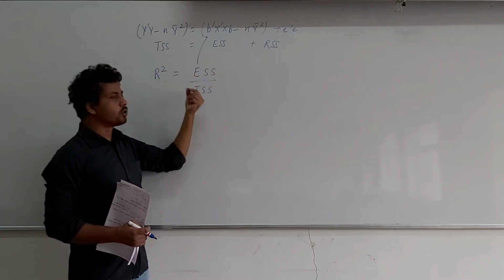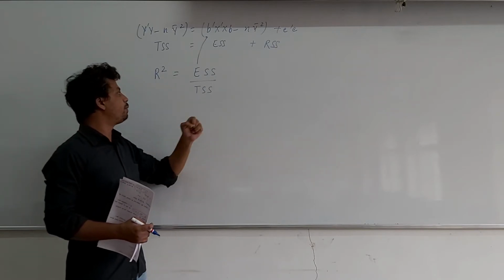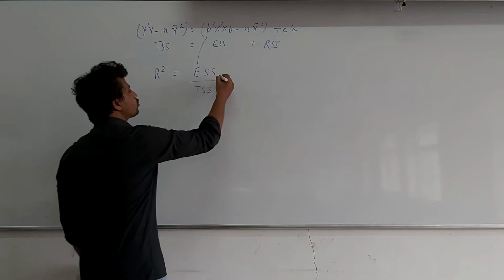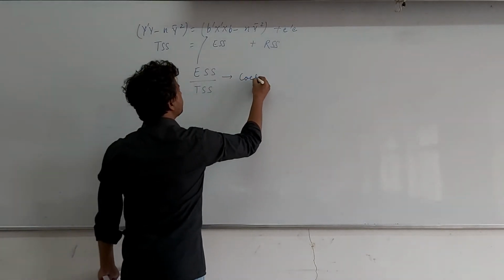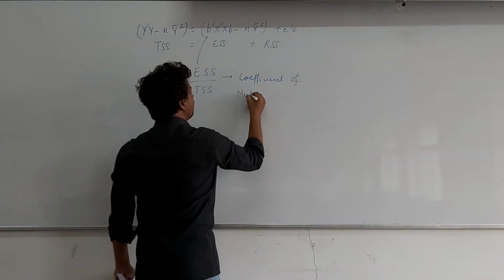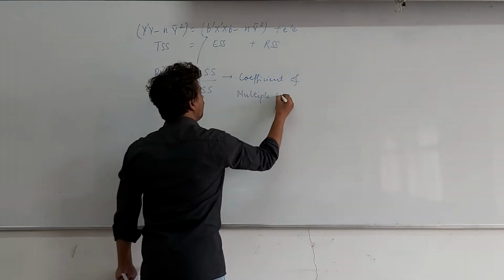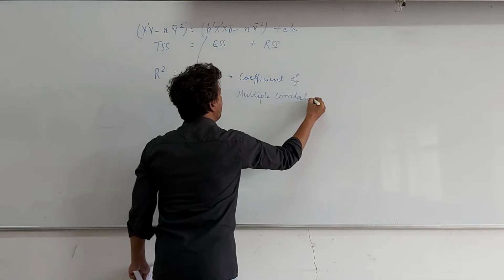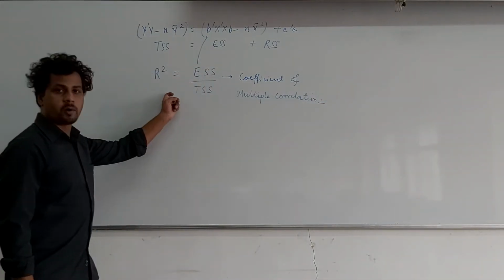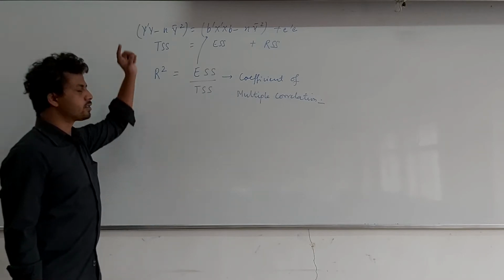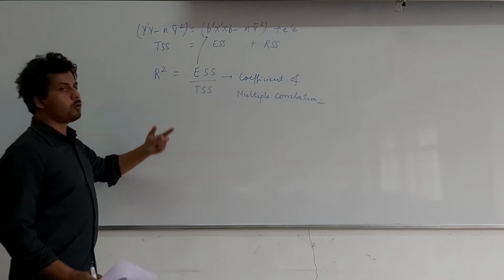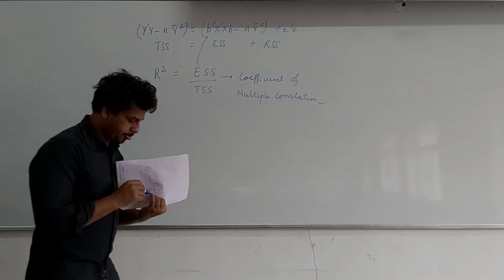So the proportion of variation in y explained by the data matrix is nothing but your R square, and this R square is also called the coefficient of multiple correlation. Right? We'll talk about R square a bit more, but let us first talk about equations in deviation form, and then we talk about R square and adjusted R square.